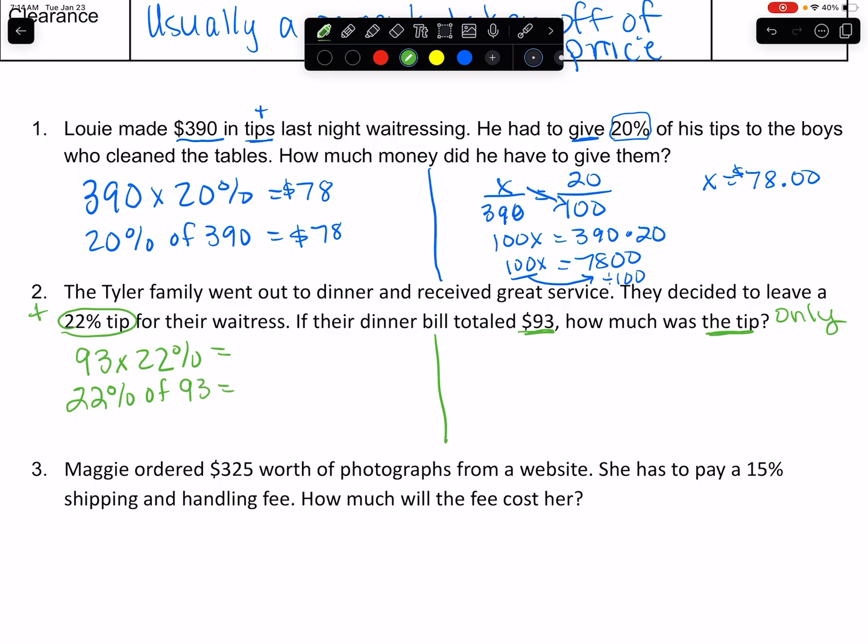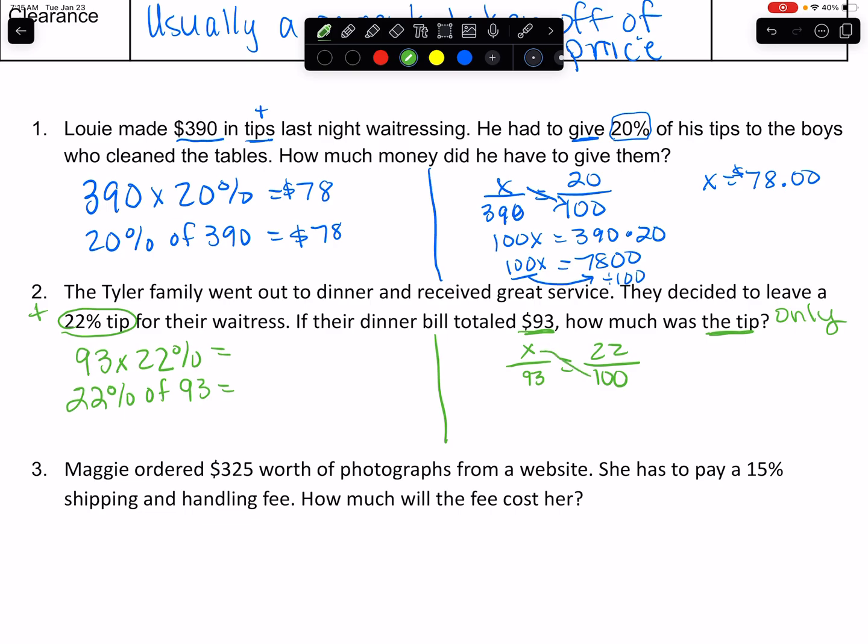Or you can set it up with the percent proportion. So again, I have a percent on one side, so my percent is 22. And $93 is the dinner bill total. That is just the $93. It does not include the tip. I was thinking about that one just to make sure.